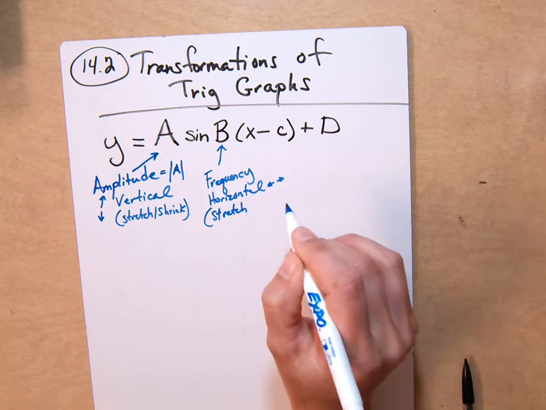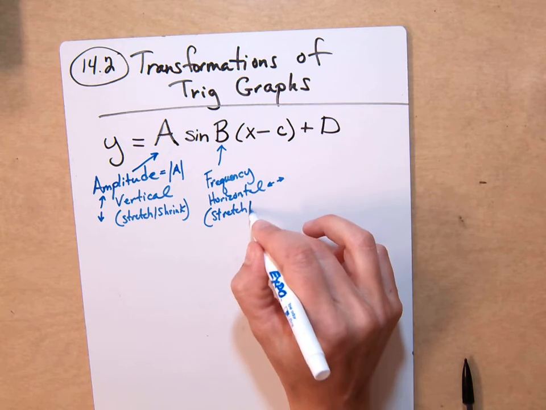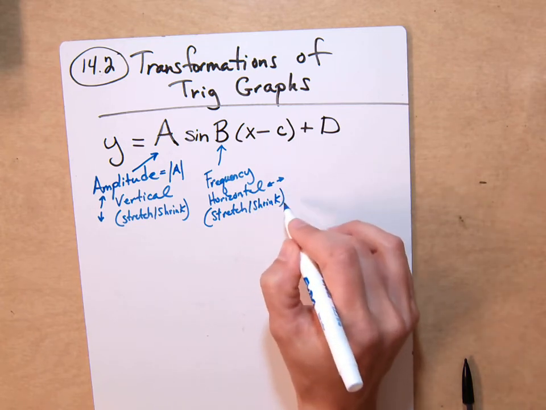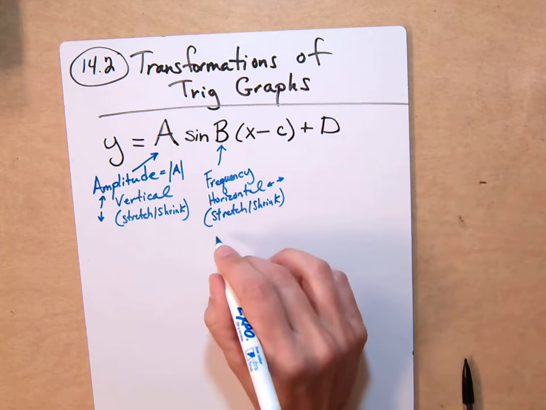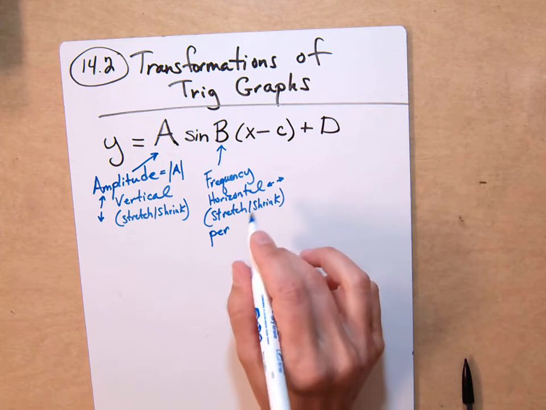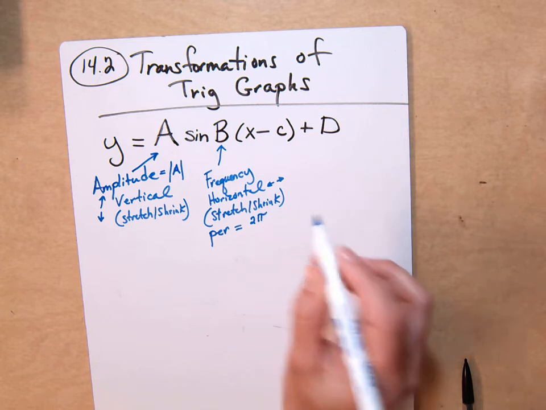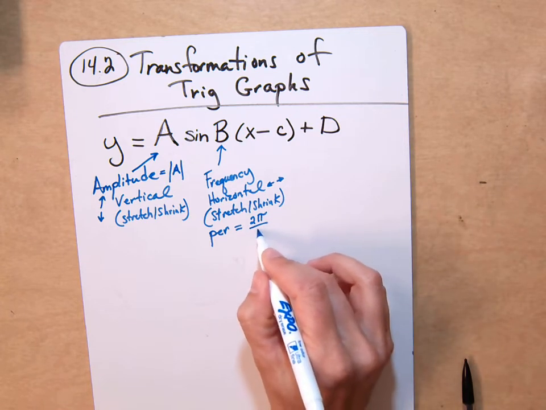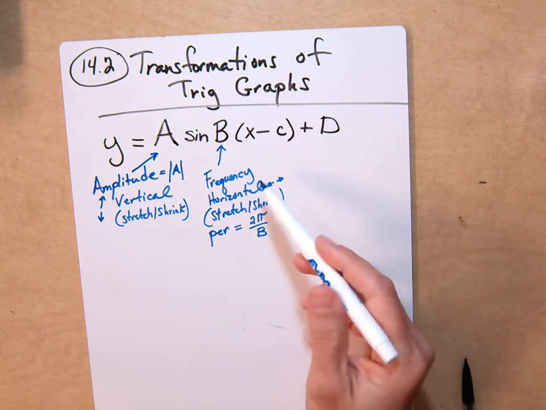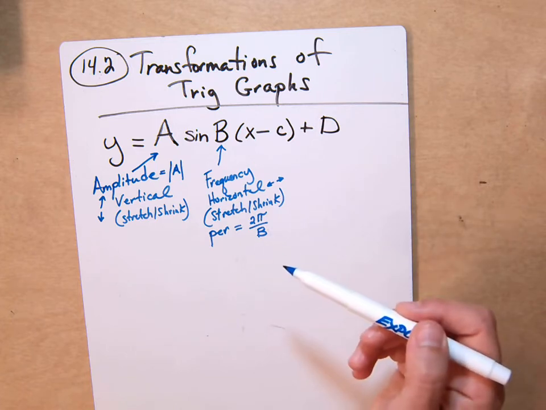They stretch or compress. Stretch or shrink, and so the period, which we have talked about, we know the period for sine and cosine is 2 pi, right? But depending on what B is, you would divide by B, and that would either make it bigger or smaller. So the bigger the frequency, the smaller the period, because it repeats more often.